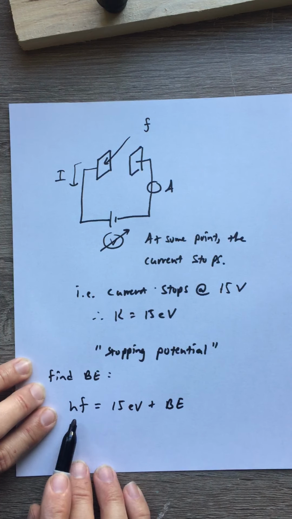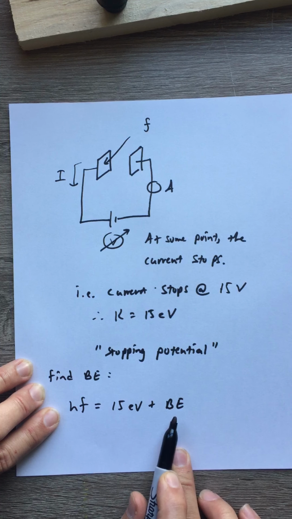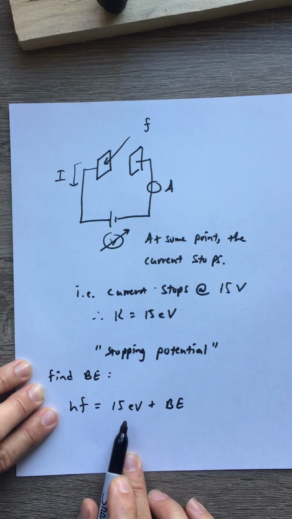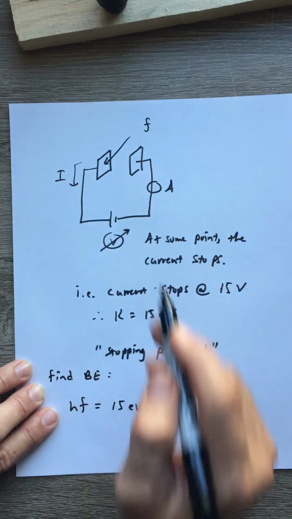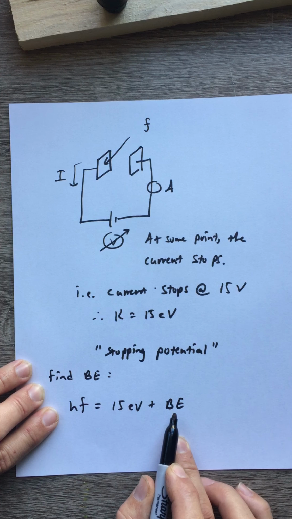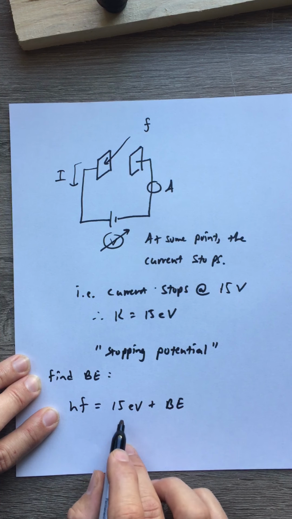See what's happening? The whole energy of the photon has to overcome the binding energy, and then whatever is left over appears as the kinetic energy of the electron. Some of this initial energy is absorbed getting the electron out of the atom, and whatever is left over appears as kinetic energy of the electron.